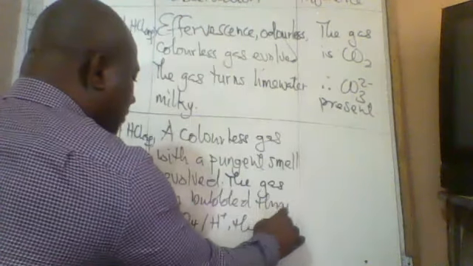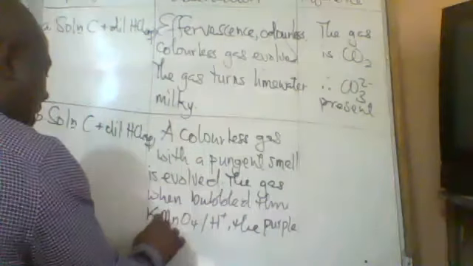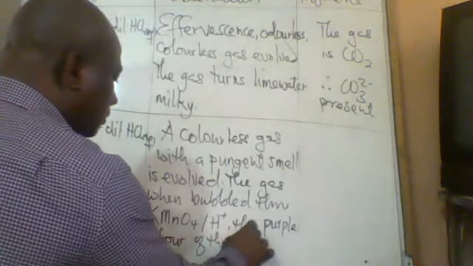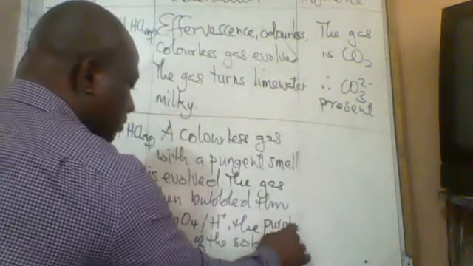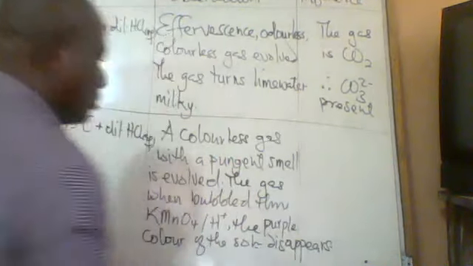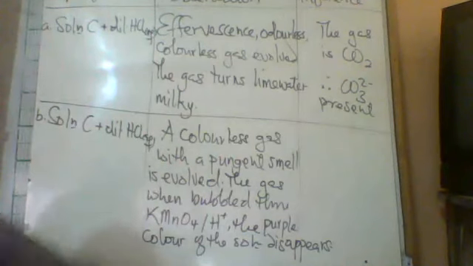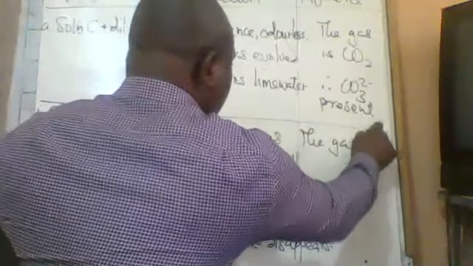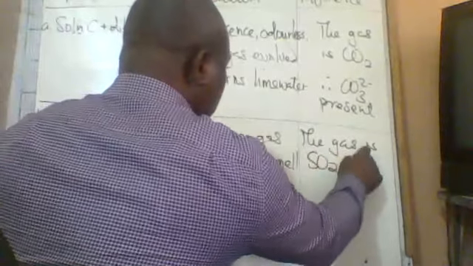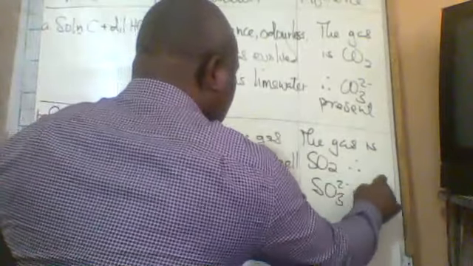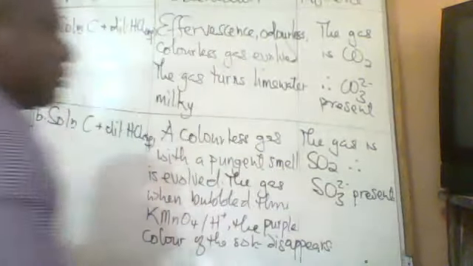The purple color of the solution disappears, or it becomes colorless. Now, in the inference column, you say that the gas is SO2. Therefore, SO3 2 minus is present.